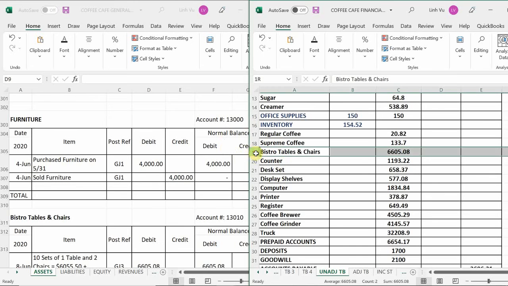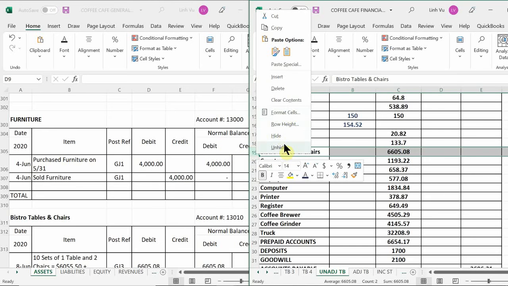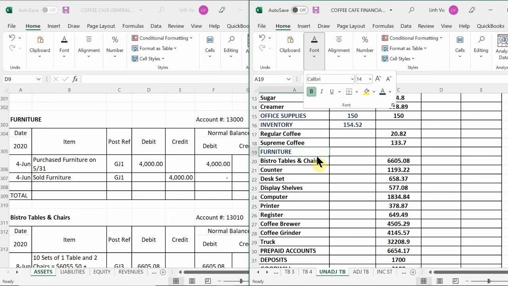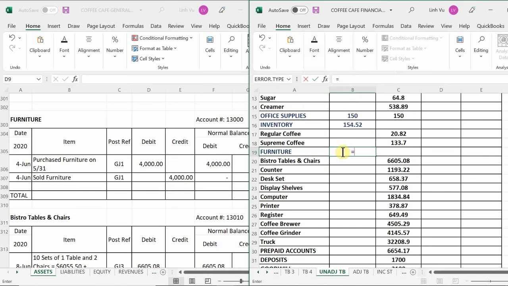So next we have furniture, which consists of my bistro tables, my counter, desk, and shelves.